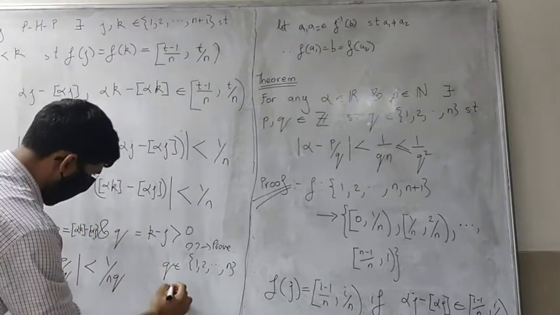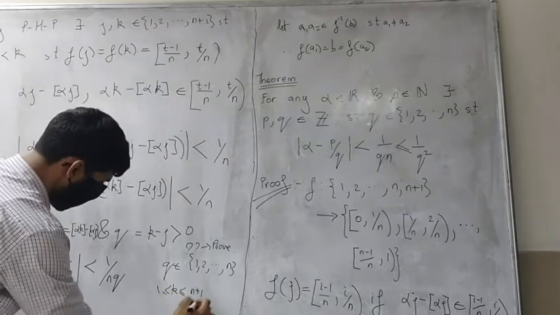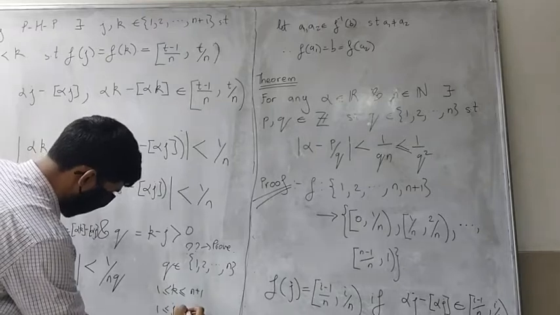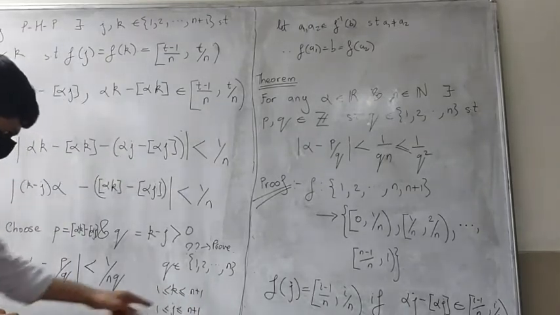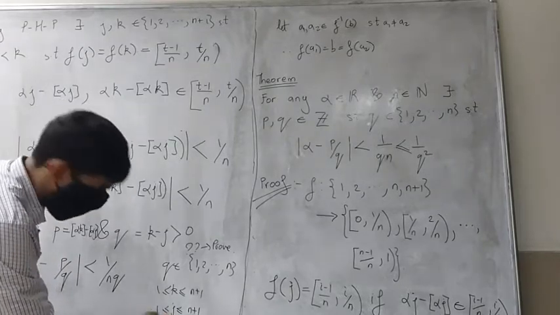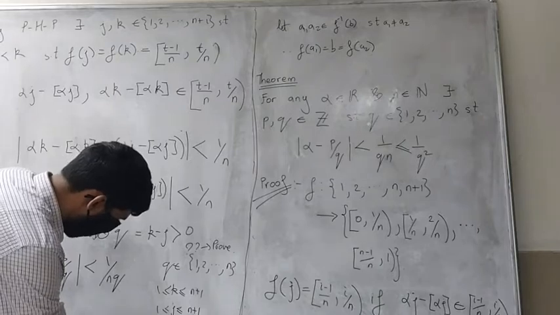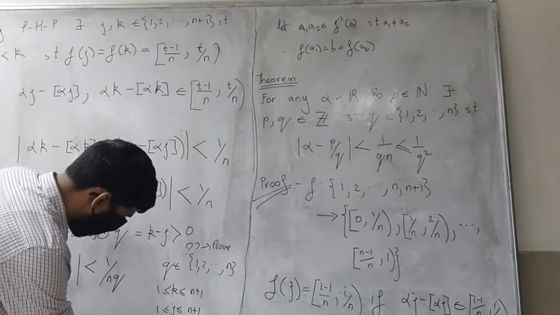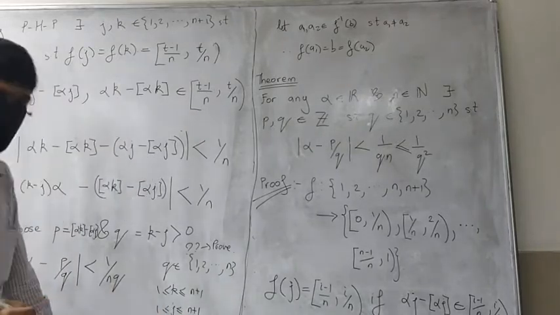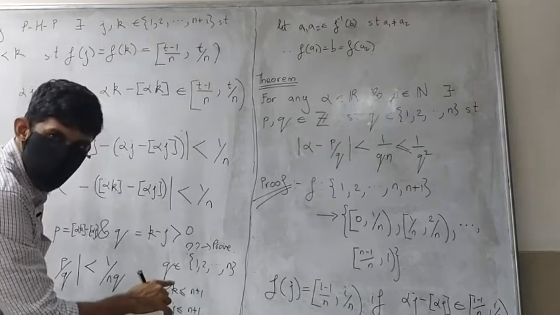In fact, your k lies between 1 and n plus 1, and your j lies between 1 and n plus 1. You want to look at k minus j. So you look at minus j. This will lie between minus n plus 1 and minus 1, and then you add throughout, and you will get this thing.